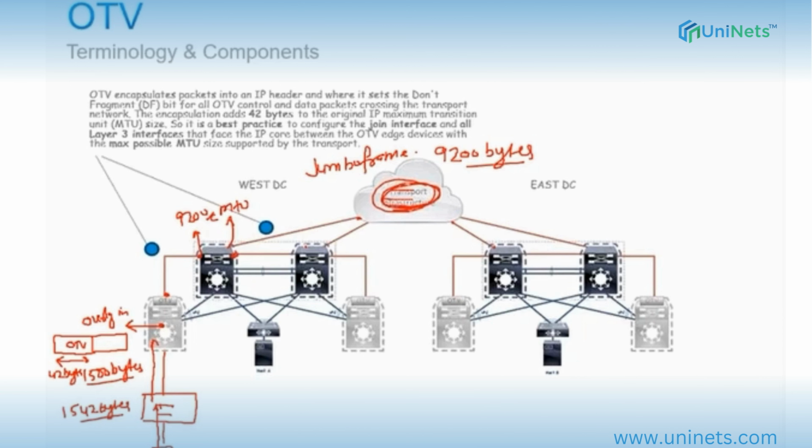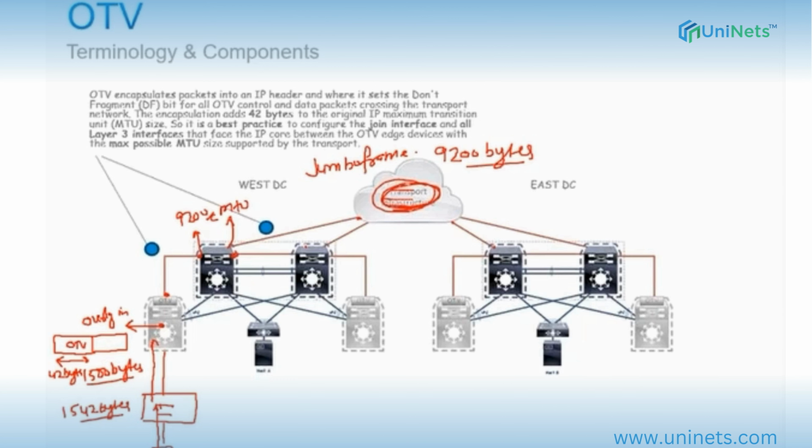But if you have configured OTV on the Nexus device, and any packet comes in more than 1500, it will not fragment it. So you have to increase the MTU size on each layer 3 interface from data center 1 to data center 2. Otherwise, the packet will be discarded. It is a specific case of OTV only.